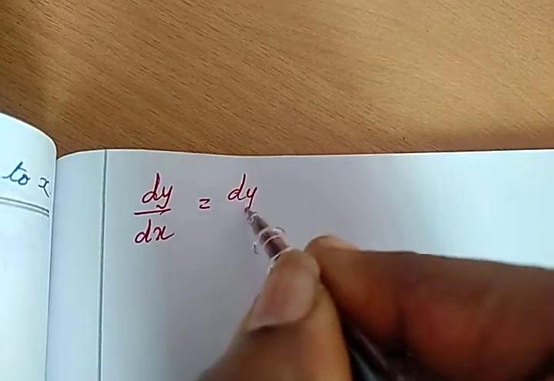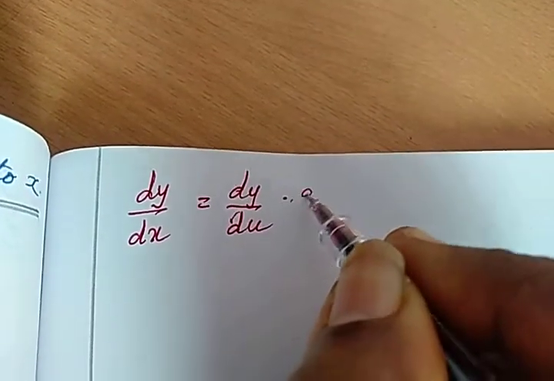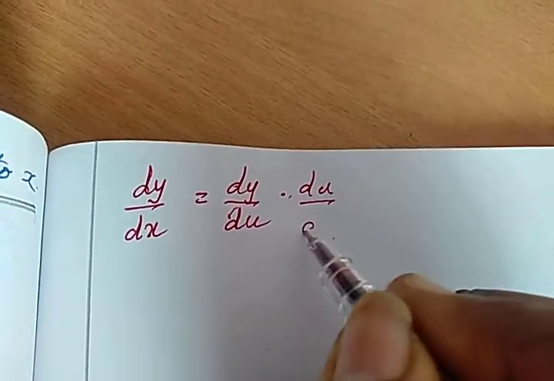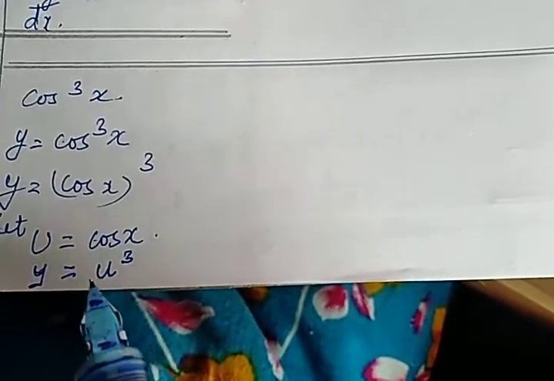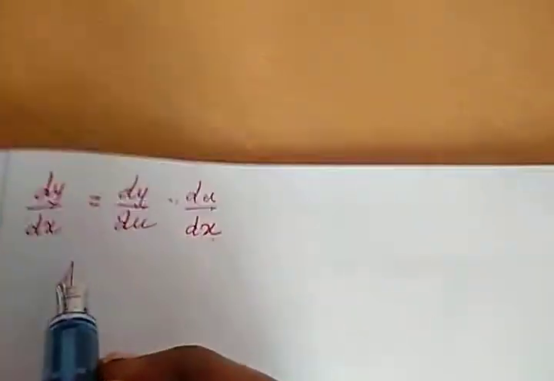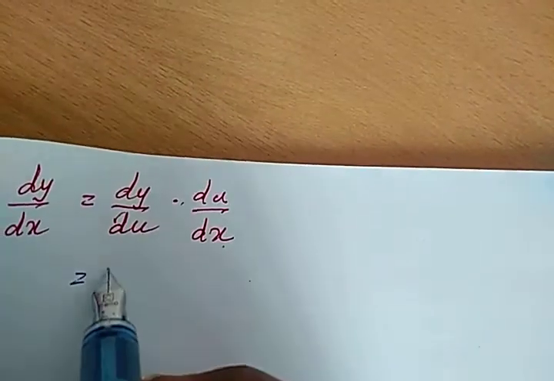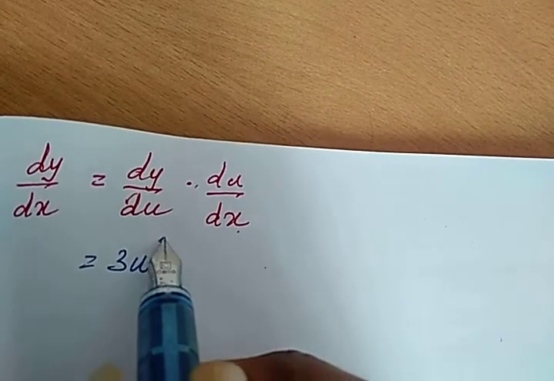With respect to y, if you differentiate, dy by du, and with respect to u, du by dx. Clear? So now y is u cube. If you differentiate, 3u to the power 3 minus 1, which is 2. So it is equal to 3u squared.